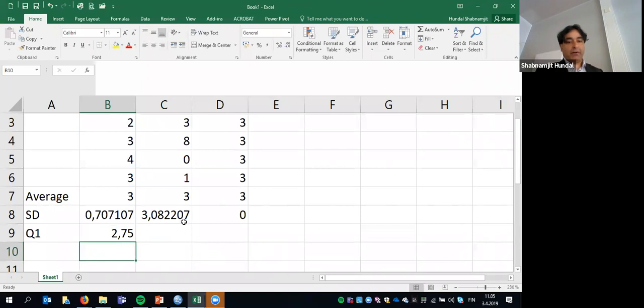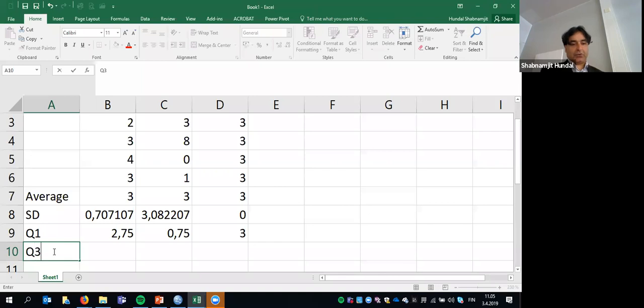So this is Q1. If I extend the formula here and I want to find the third quarter, there's no need for a second quarter. The second quarter is the middle, basically the median. Remember, median is 50%, and two quarters mean 25, 25, 50. So there's no point in finding the second quarter.